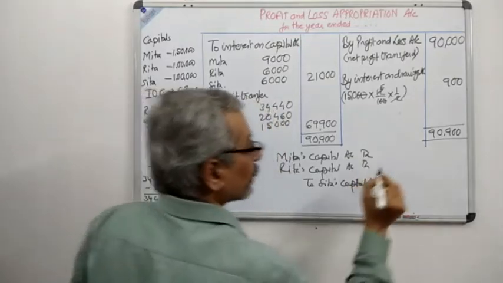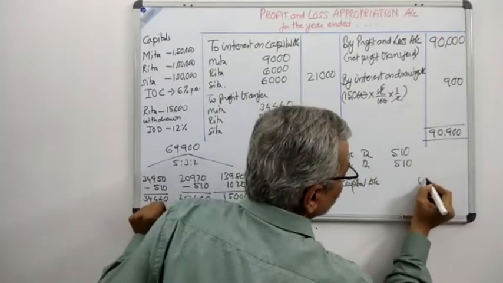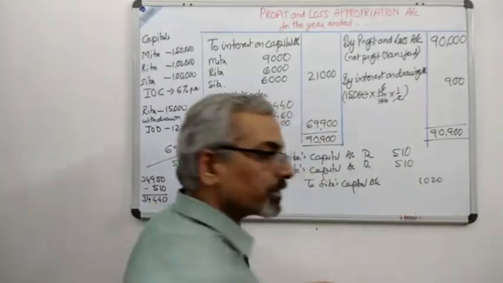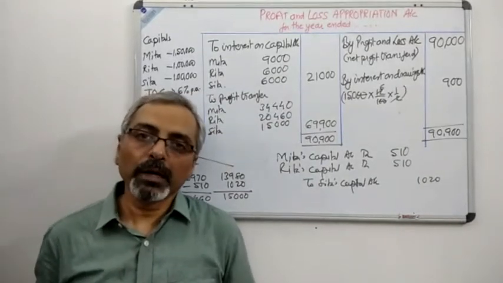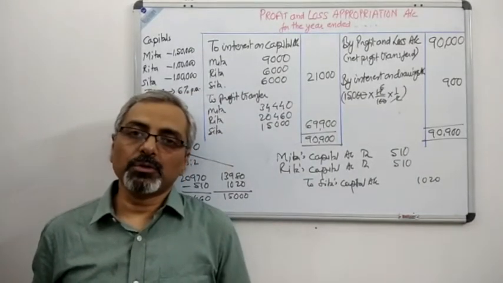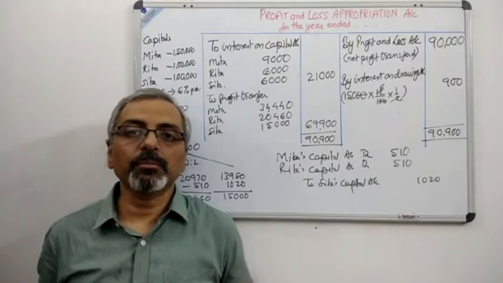How much? 510, 510 and 1,020. The deficiency of Sita has been met equally by the two partners, and therefore 1,020 divided by 2, 510 and 510 has been met by both.